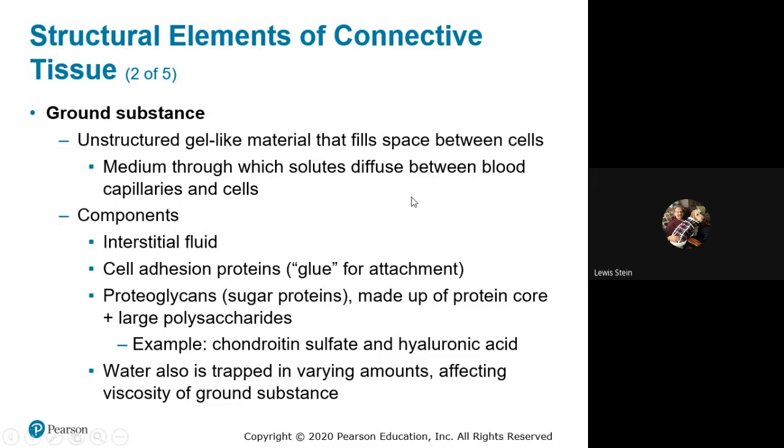Depending on that ground substance, you can't get through because the fibers are so thick. So, a glue for attachment, adhesion proteins, the proteoglycans, chondroitin sulfate, and hyaluronic acid, those are part of cartilage. A lot of people will tell you that it doesn't work.